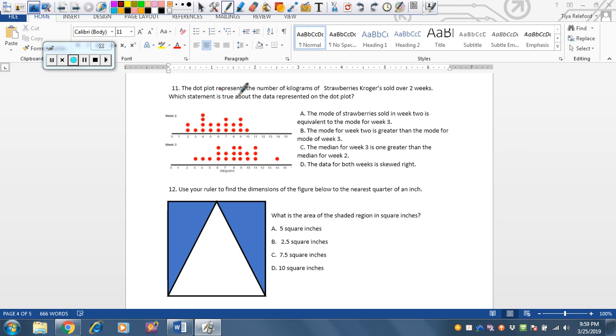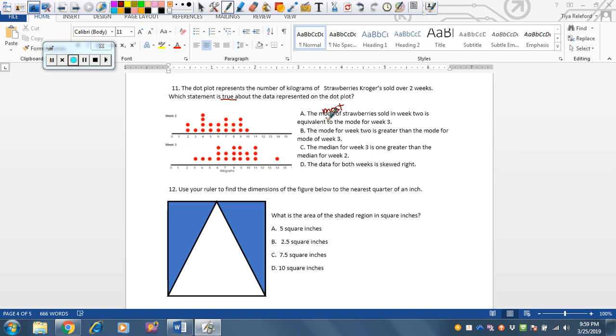11 says the dot plot represents the number of kilograms of strawberries Kroger sold over 2 weeks. Which statement is true about the data represented in the dot plot? So the mode of strawberries, mode means most, sold in week 2 is equivalent to the mode for week 3. You're going to have to find out which number has the most on it.